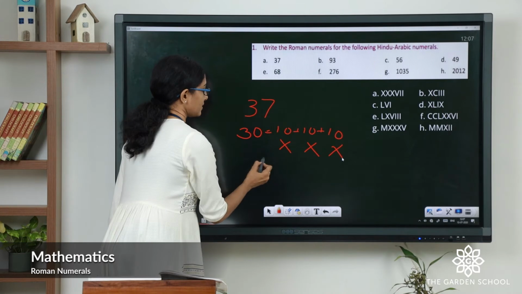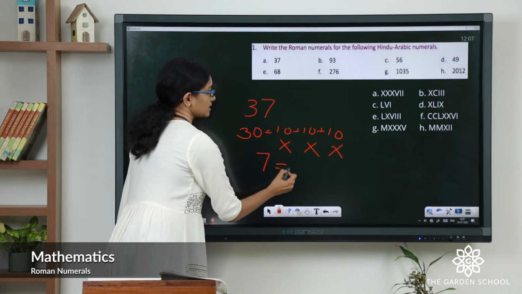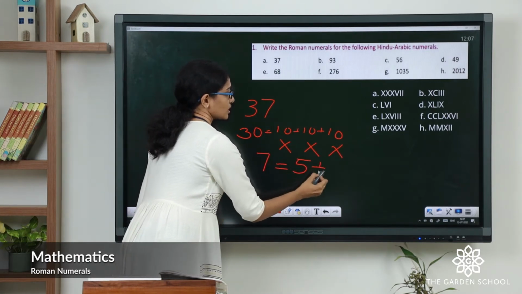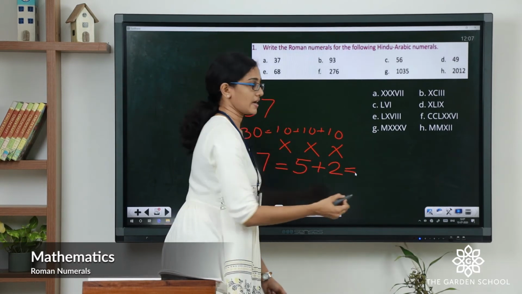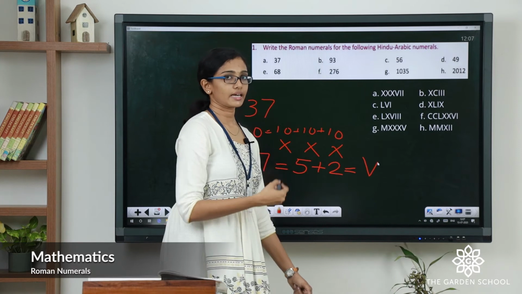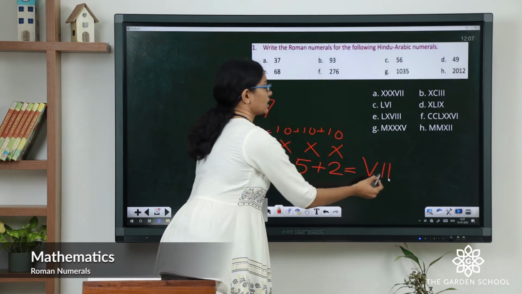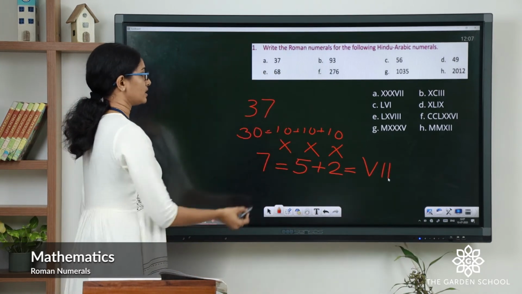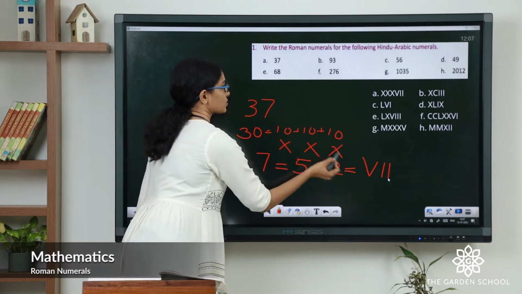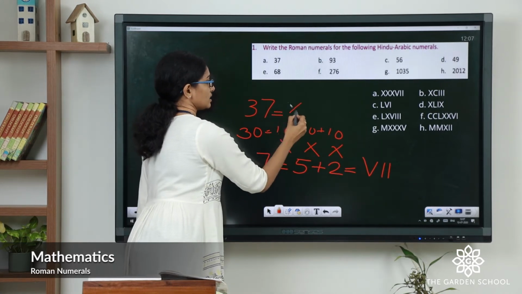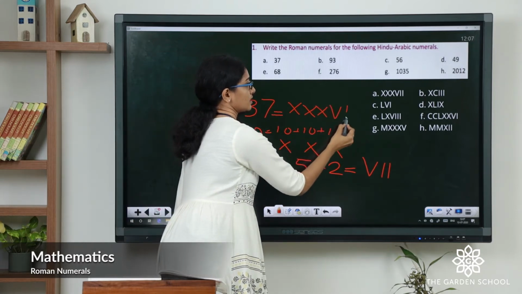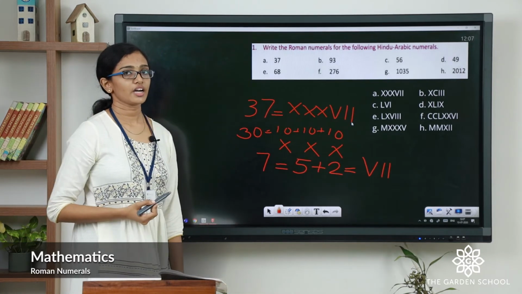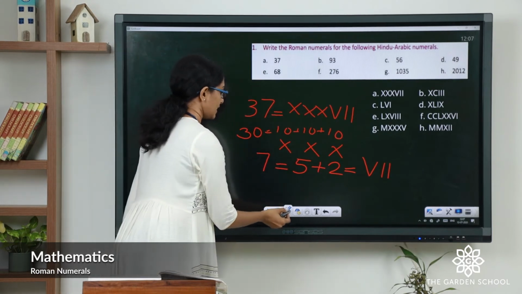How can we write 7? 7 equals 5 plus 2. So we have a symbol for 5, which is this one, and 2 is written as this. So how do we write 37? We have to combine these two. So 37 equals 3 X's and then the symbol for 7. I hope this is clear to you and your answer is correct.